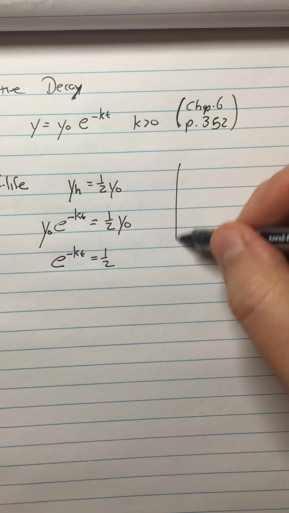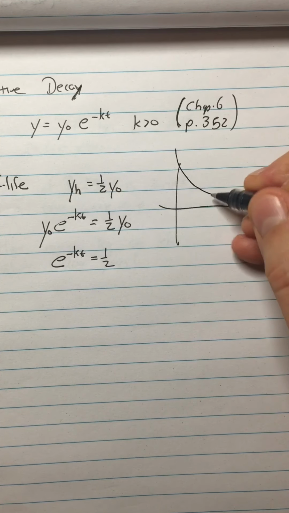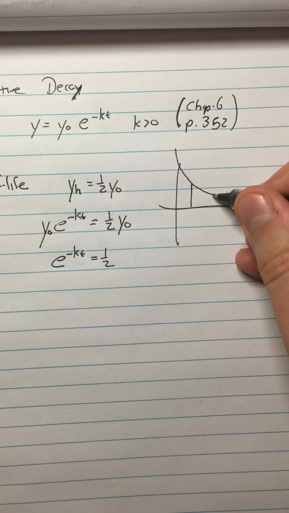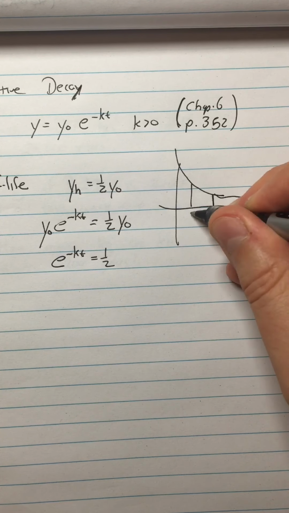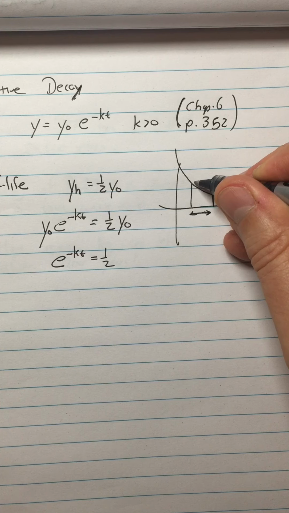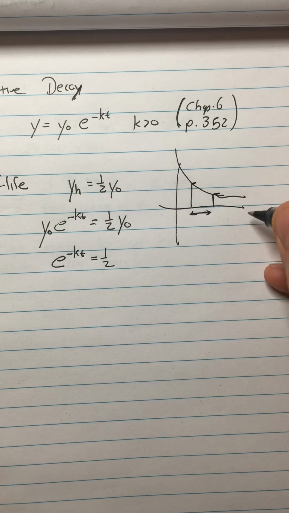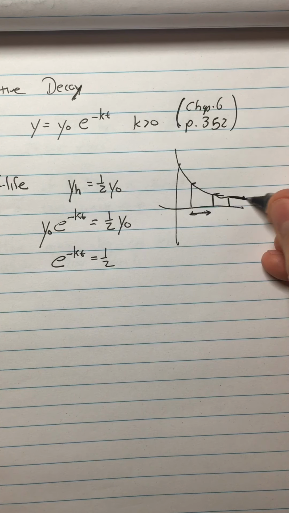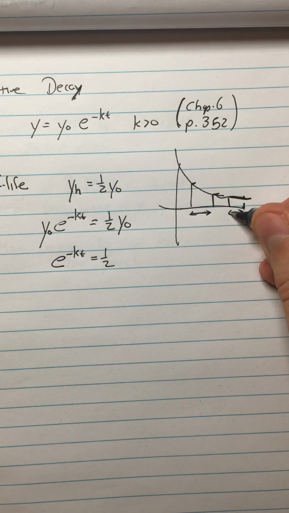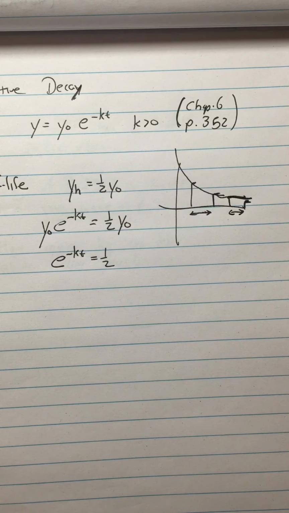In terms of the exponential decay function, it means that if I go from here to here, the amount of time that takes me from a certain amount to half as much is the same no matter where I am. My picture is not phenomenal, but that's sort of what's going on.